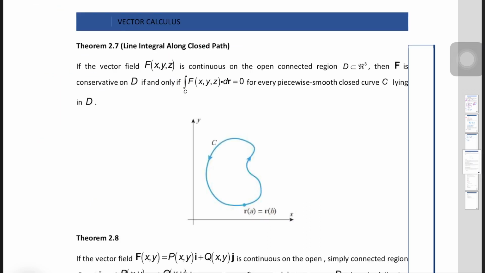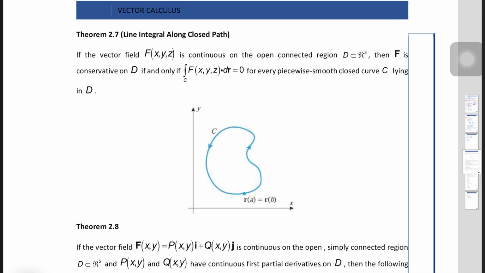Theorem 2.7, line integral along closed path. Okay, ini adalah case kalau kita kata ada closed path. So kita check dulu apa dia maksud closed path ataupun closed curve.